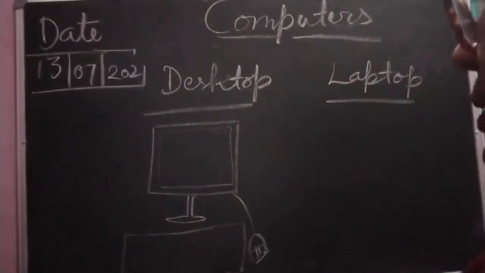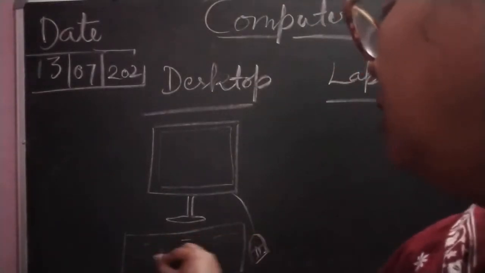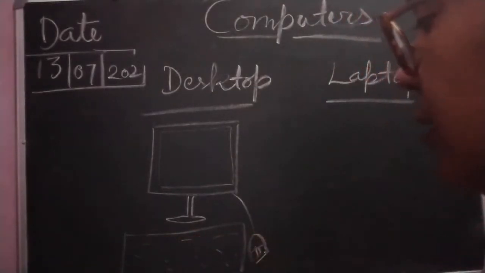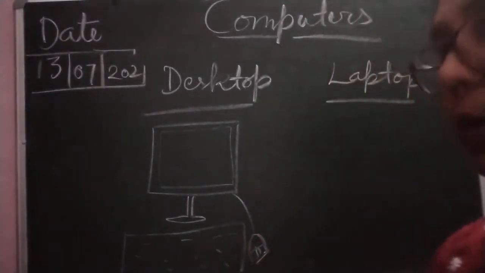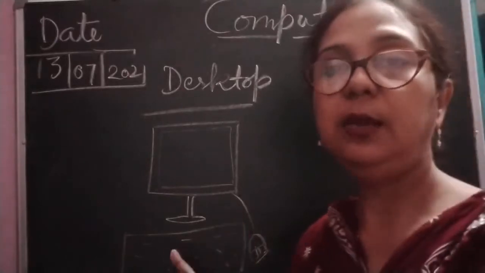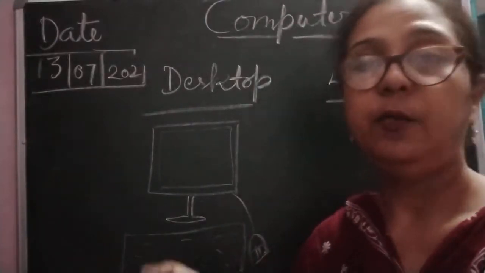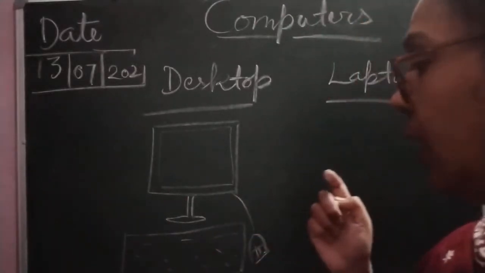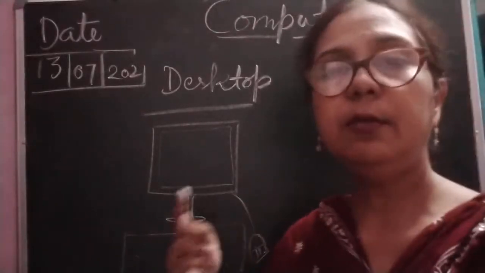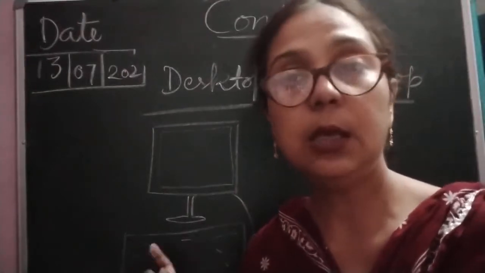Now here you can see the keyboards have numeral and alphabetical keys. With these keys we can type anything, delete anything, erase anything, or whatever we want to do, we can do with this keyboard.